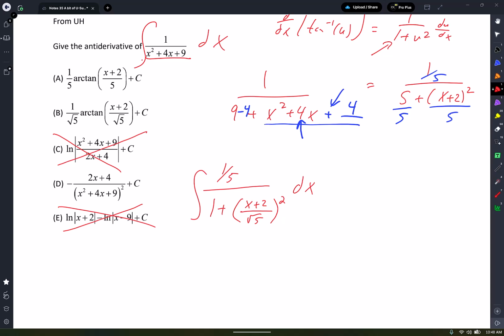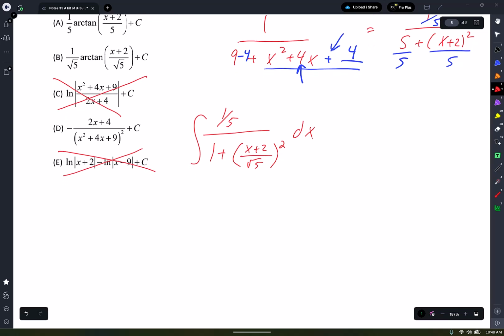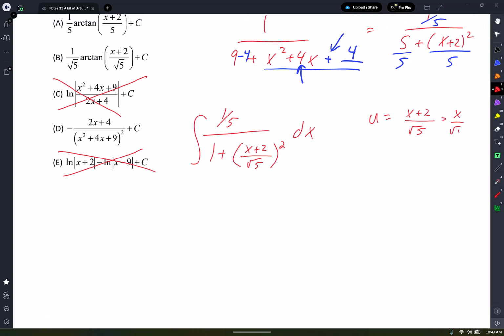Okay. Now look what happens. Let's see if I need that 1/5. I go to the side and I say my u is going to be equal to this linear expression: x plus 2 divided by square root of 5. Let me rewrite it nicer for you guys so you can see it: x over square root of 5 plus 2 over square root of 5. I just rewrote it.